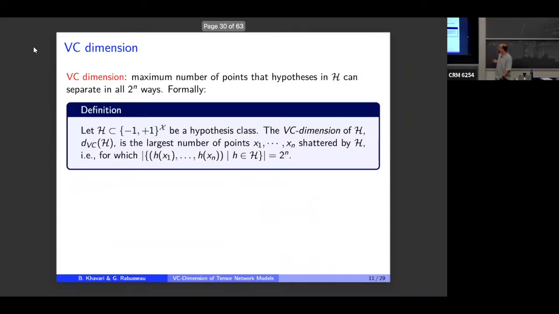So what is the VC dimension? Intuitively, it is the maximum number of points that the hypothesis class we are considering, H, can separate in all 2 to the n ways.